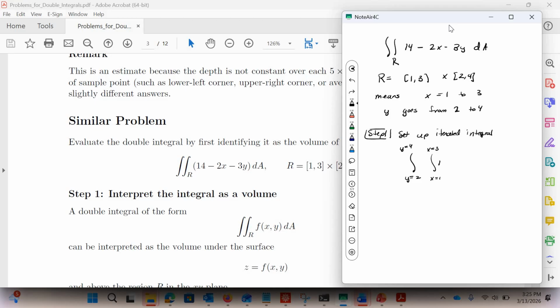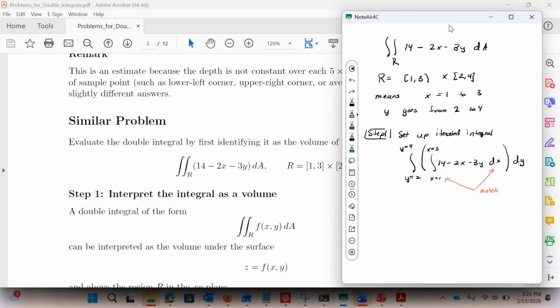Your function goes right here. Because I put x first, it's dx that has to come first, and then dy. So this x has to match up with this dx. They have to match when you set it up.